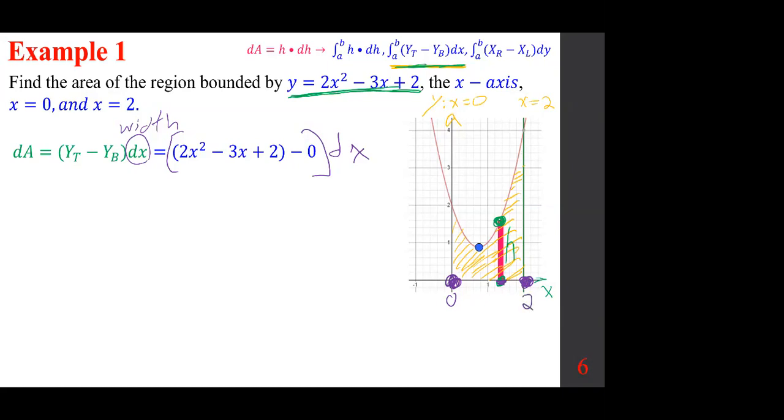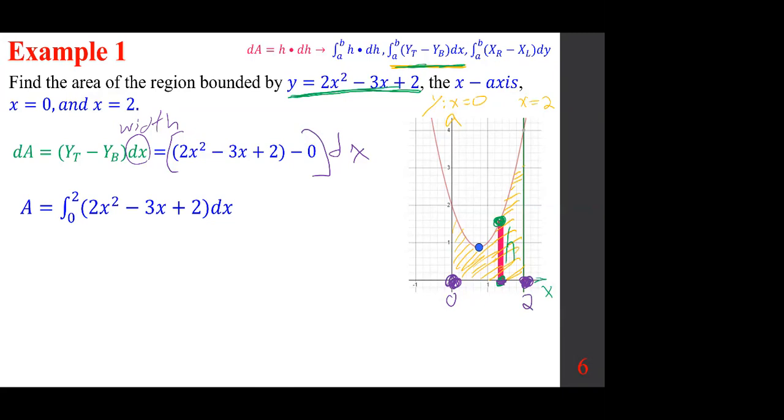So a and b are 0 and 2. Believe it or not, you're practically done, everybody. If you can see what happens next, which is obviously integration, all of you are very familiar with.